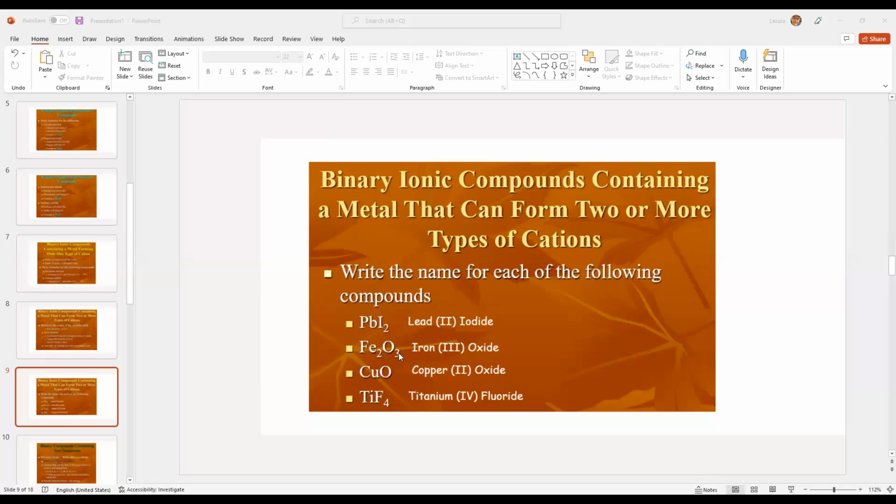In this case, this 3 goes to the iron, so it is iron 3. In this case, oxygen is negative 2, then copper is plus 2. Then this is copper 2. In this case, this 4 goes to titanium, and it will be titanium 4.